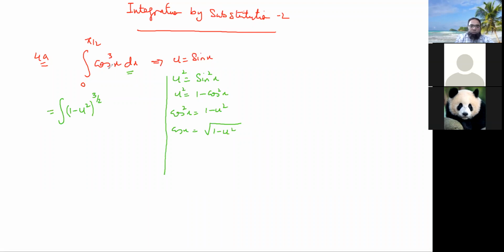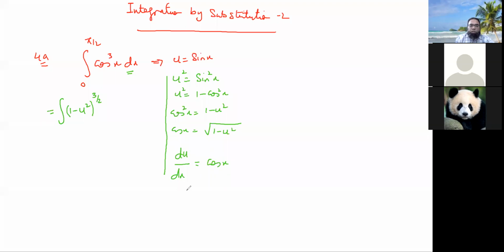First we have changed this cos x. Now it's the turn of this dx. So now let's differentiate this with respect to x. So we have du by dx, that is equal to cos x. Sorry, yes, that is going to be cos x.